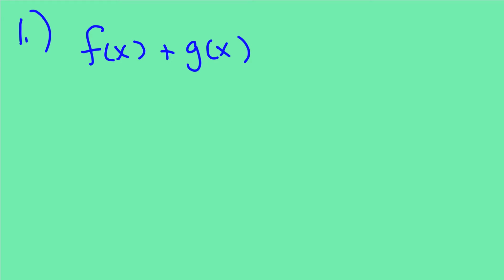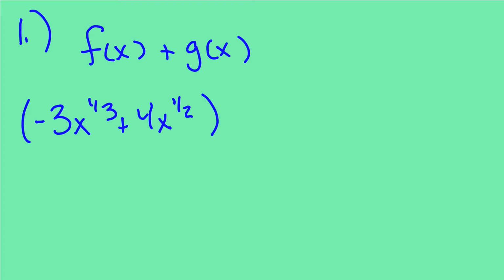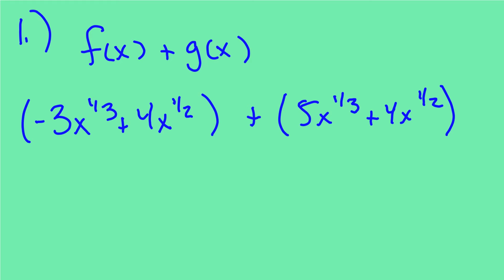Number 1 says I have f of x plus g of x, so the first thing to do is plug in negative 3x to the 1/3 plus 4x to the 1/2, and then plug in 5x to the 1/3 plus 4x to the 1/2. Since it's all plus signs, I don't have to worry about the parentheses doing anything. Like terms have the same variable with the same exponent, so I combine negative 3 and 5 to get 2x to the 1/3.